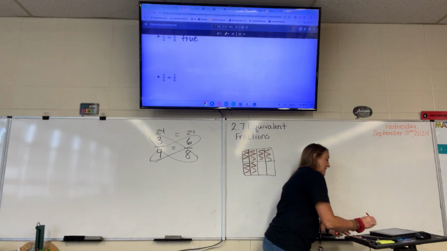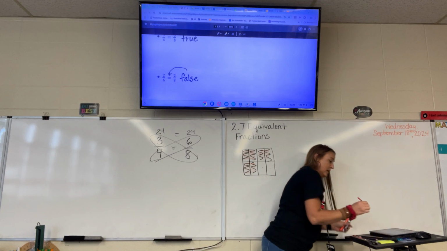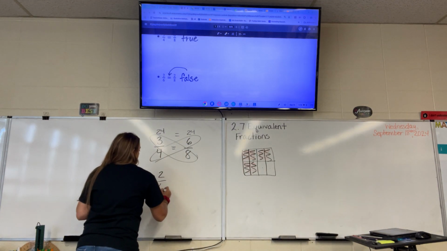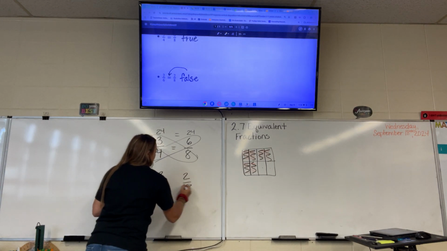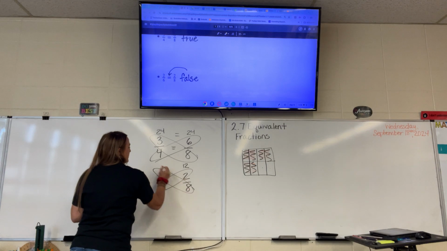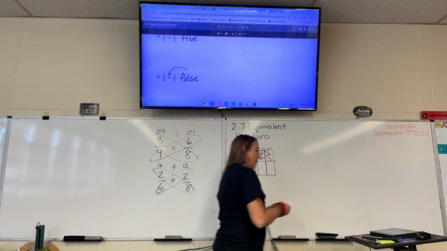We just have to decide if they're the same. They are not, so this is false because they've got an equal sign there. And of course you can check through cross multiplying. 6 times 2 is 12. 8 times 2, 16. Not equal, so not equal.